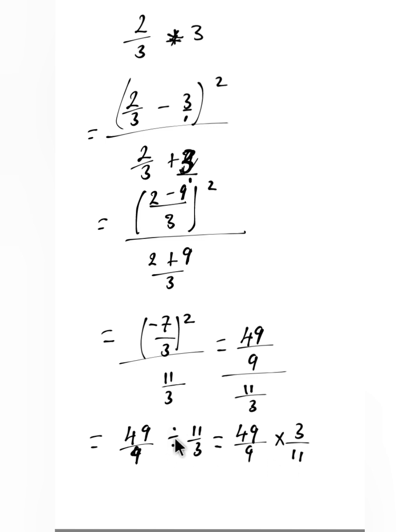When you turn the division sign, you have to reverse this one, take this one up, take the other one down. So at this point, we can cancel out 3 here 1, 3 into 9 is 3. So we are left with 49 all over 33. 49 times 1 is 49, 3 times 11 is 33. So the first part of the equation gave us 49 over 33 as an answer.